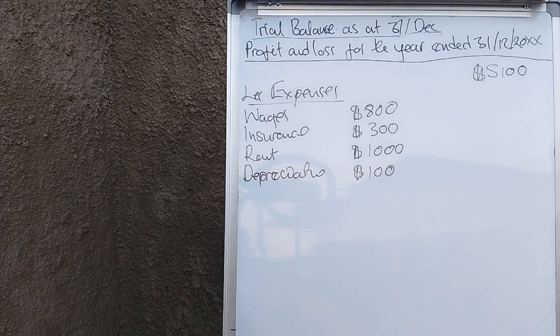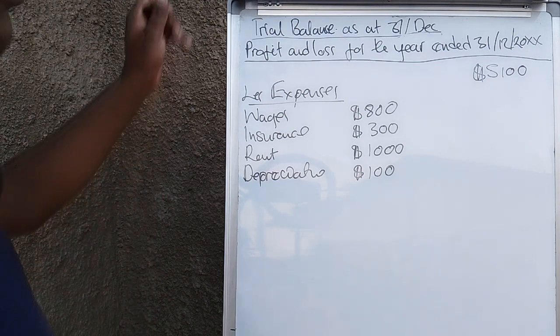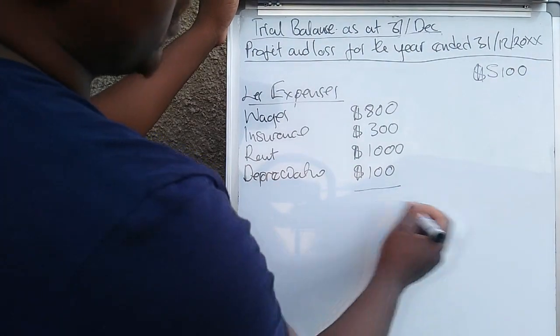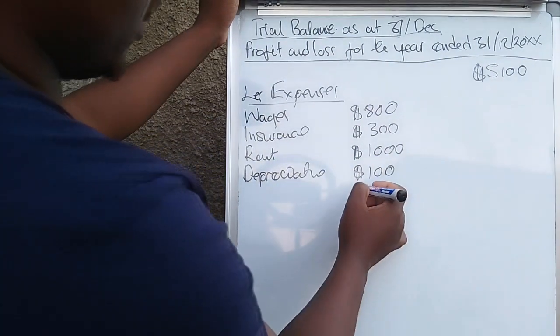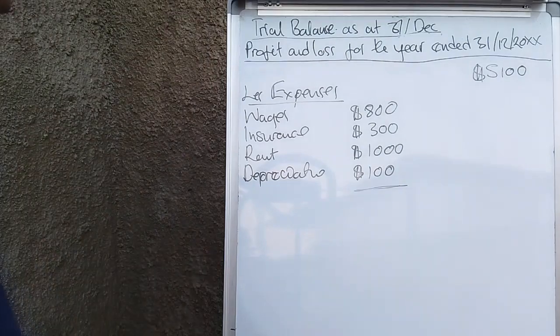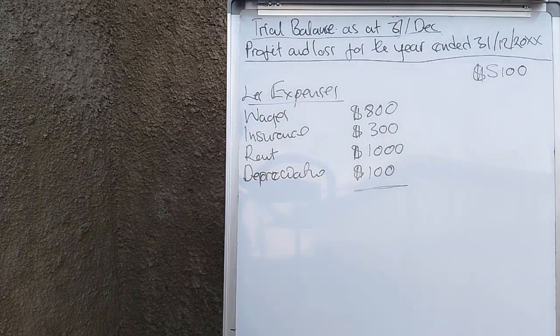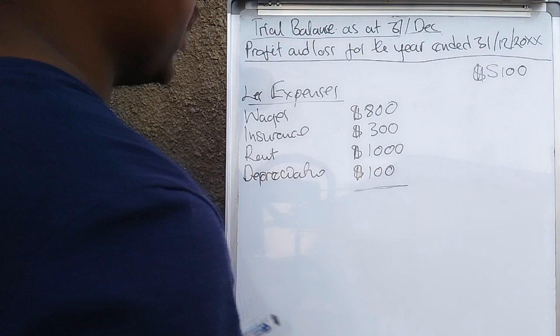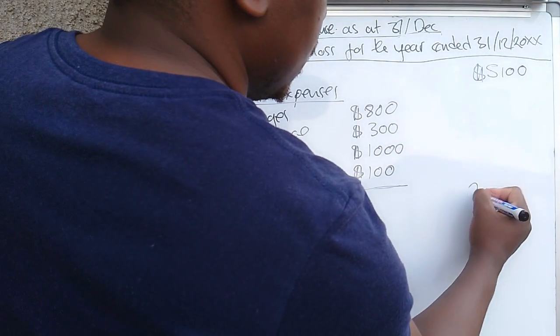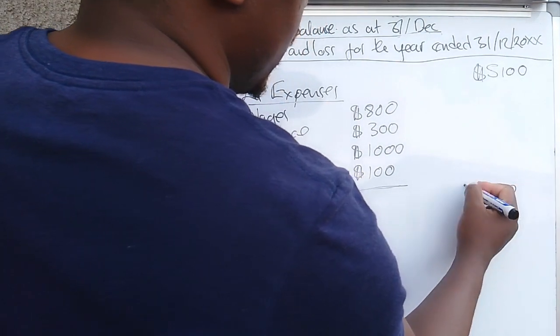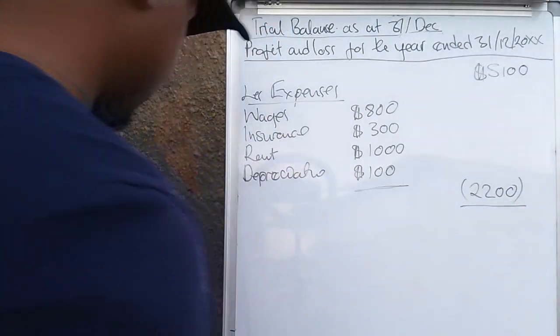So we have to add the expenses and deduct them from our gross profit and other income figures. So if we add 800 plus 300 plus 1,000 plus 100, we get 2,200. 2,200 is the total of our expenses.